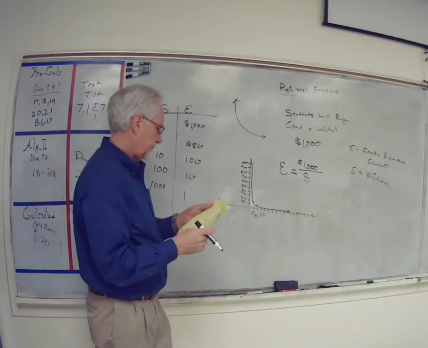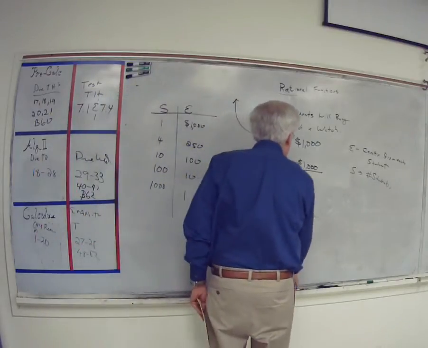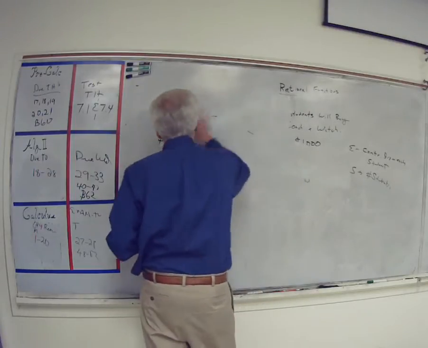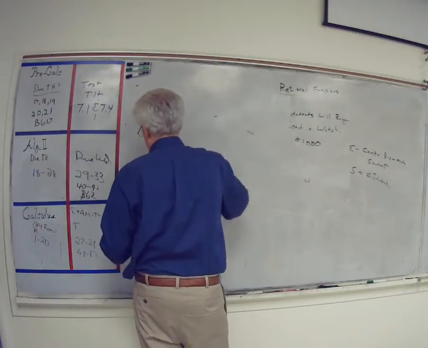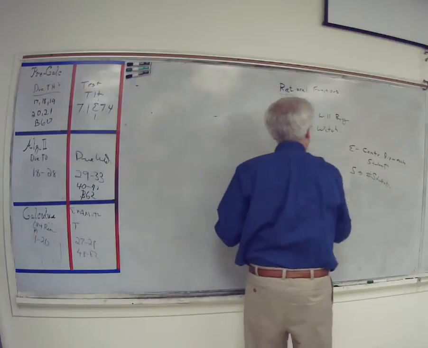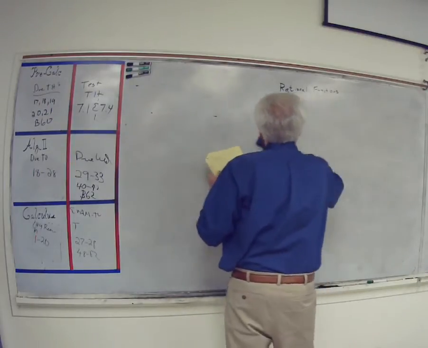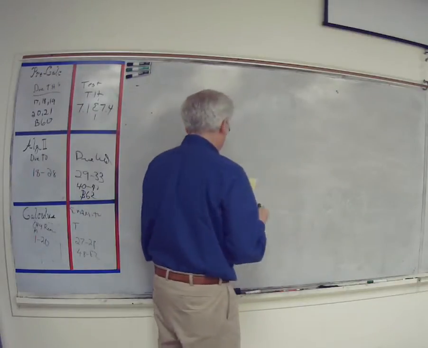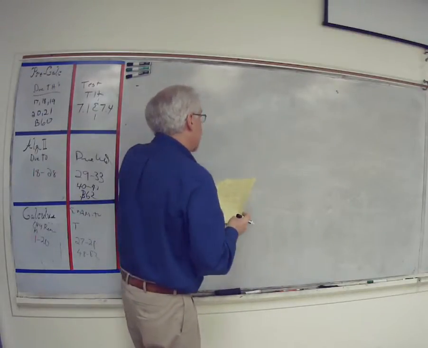Okay. So let's look at a rational function, and how do we graph a rational function? Well, first of all, we have to see where it's undefined.